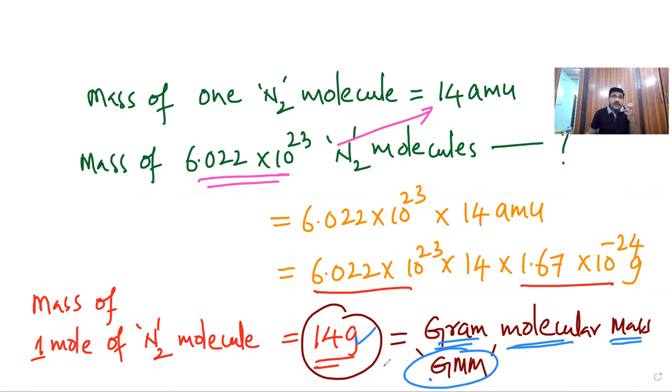What is the meaning of molar mass? The mass of 1 mole, either 1 mole of atoms of a certain element or 1 mole of molecules, is known as molar mass.